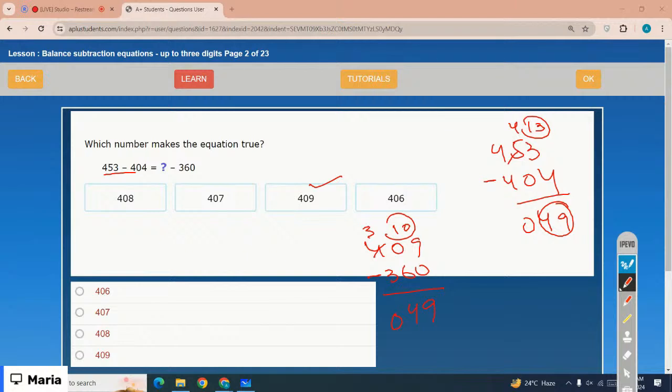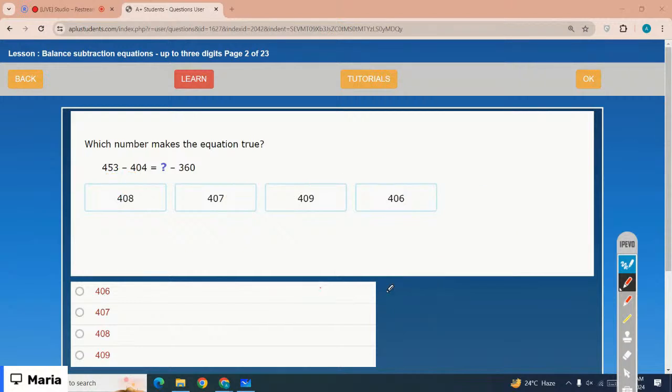If I know the exact answer, right? If you don't know the exact answer, you have to start subtracting from the first one, subtract this one, and find until you have the answer 49, right? So the correct option is 409. Option number 4 is the correct option.